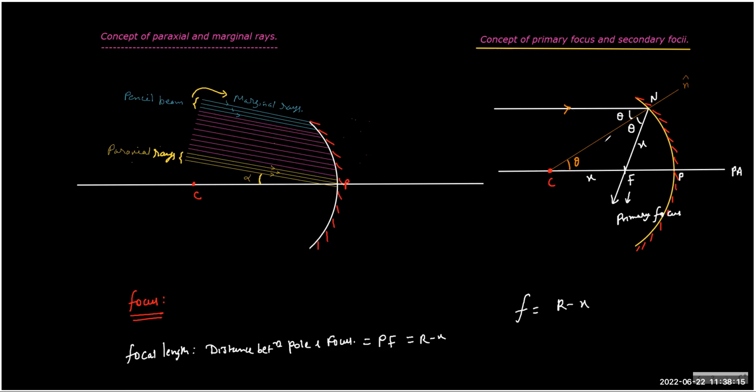It's very easy. You can drop a perpendicular from here. And C to N is also R because it's the radius only. So can we say that 2x cos theta equals R? Can we write that in this triangle?